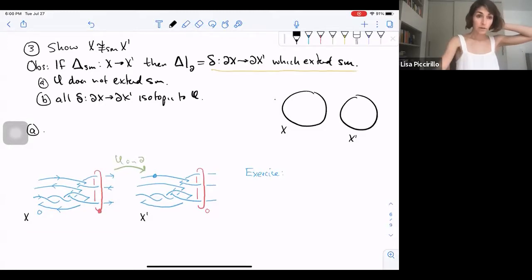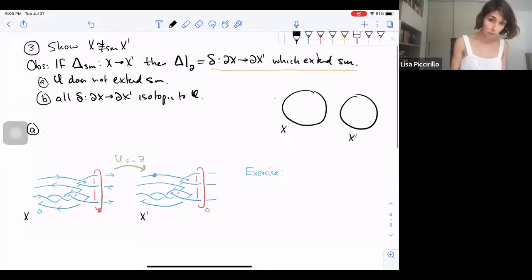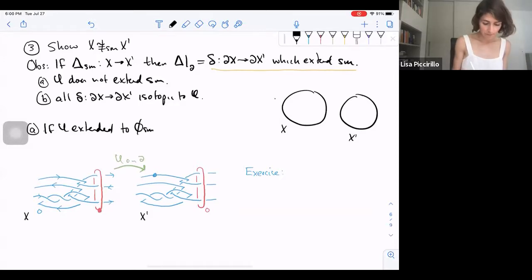So to show phi doesn't extend, we're going to first make the observation that if it did, we could use that to build a diffeomorphism between some different manifolds.